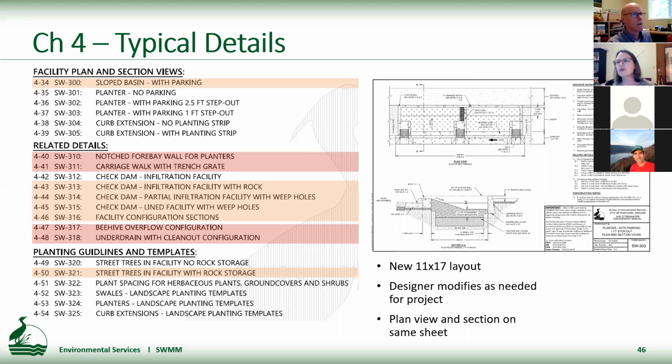So I'm going to go through the details kind of quickly and point out some of the new details and changes that we've made. We still have a SW series of details that are in the manual. These are the details that are meant to be modified by the designer. They're not intended to be cut and paste.